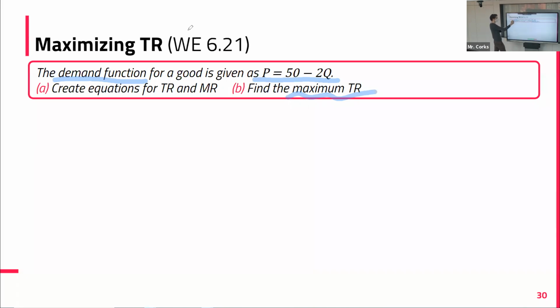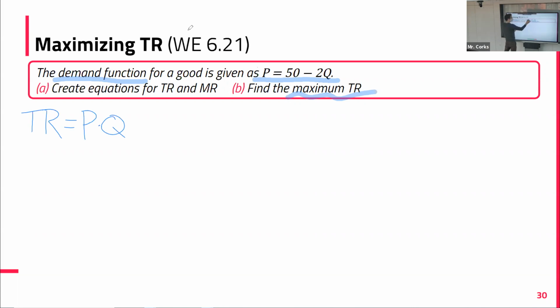So let's try to make an equation here for total revenue for this scenario. What is our basic equation for revenue? Right, price times quantity, P times Q. How can we use this demand function to make an equation?